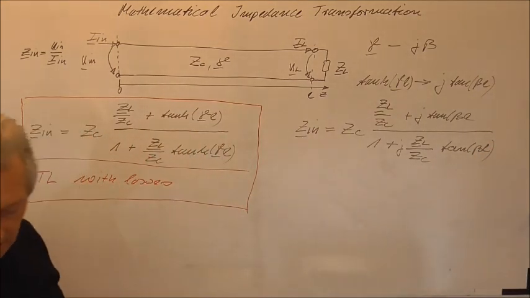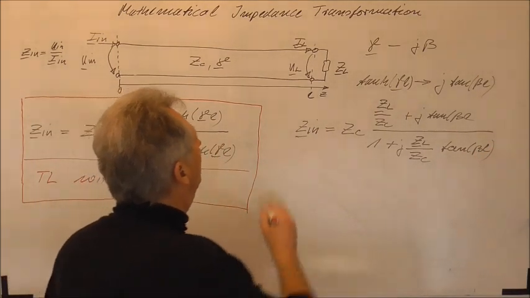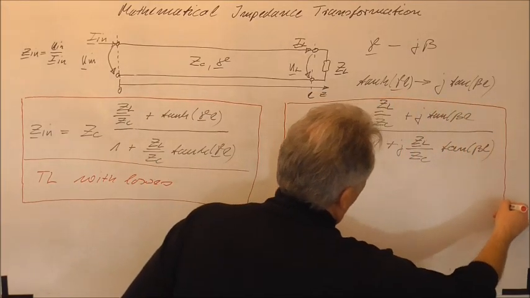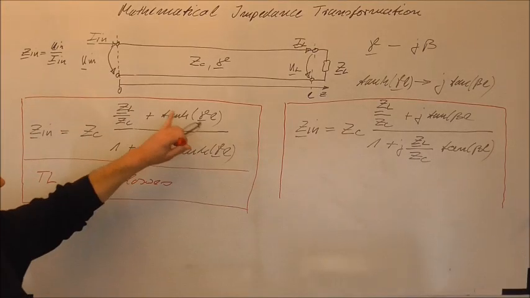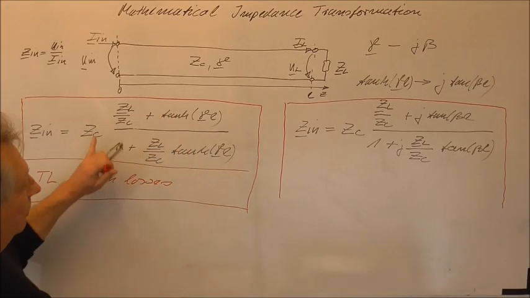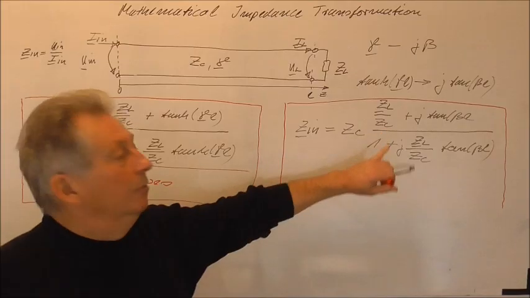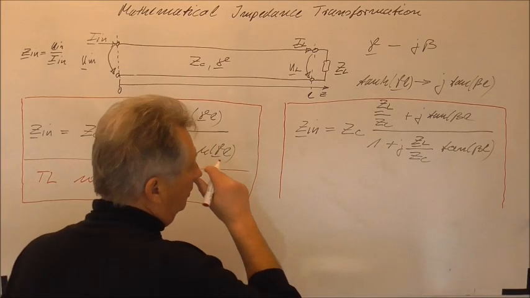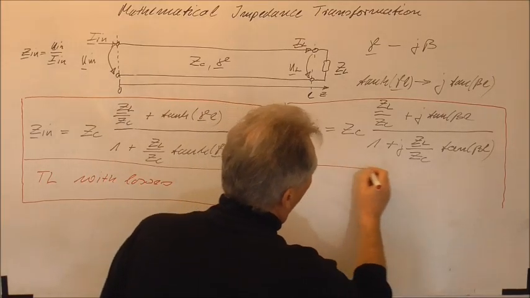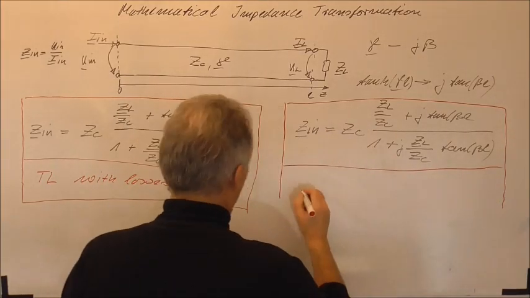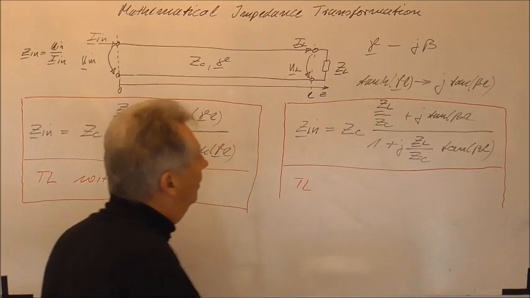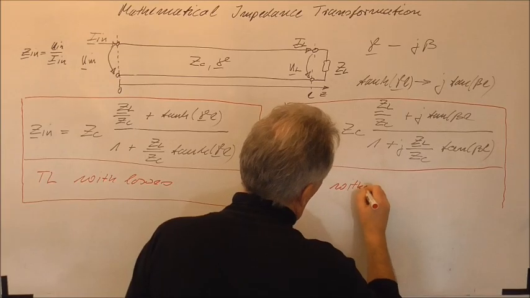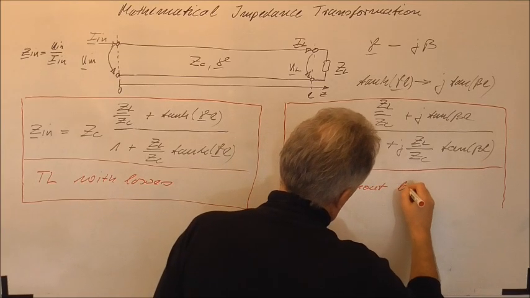So this is the equation we will discuss in the next step. Even though this equation is not so complicated compared to this, we will only discuss some special situations. So right here, this is the formula for the transmission line without losses.